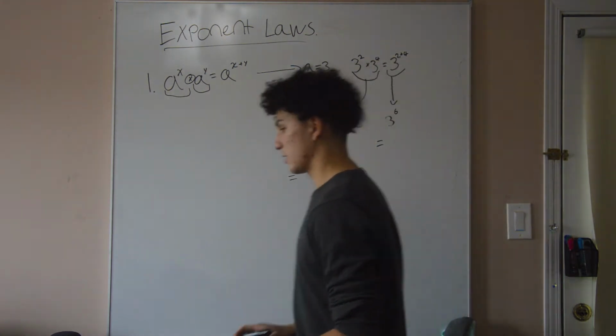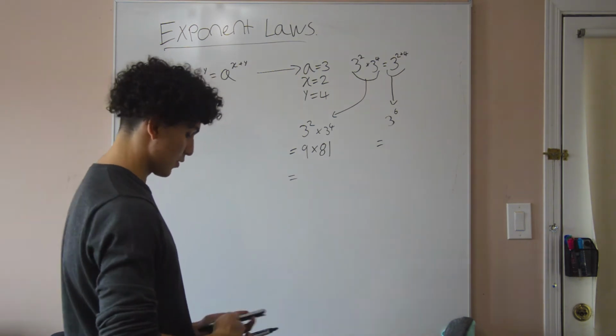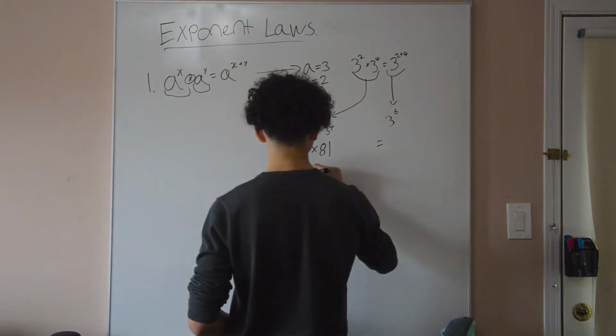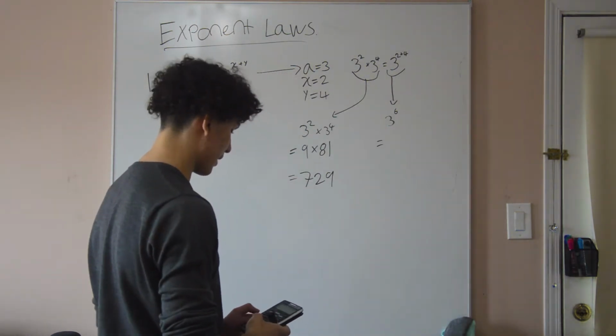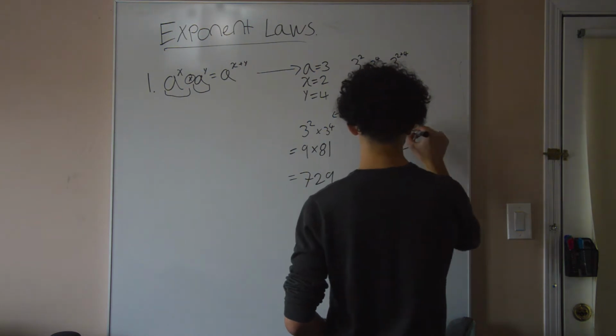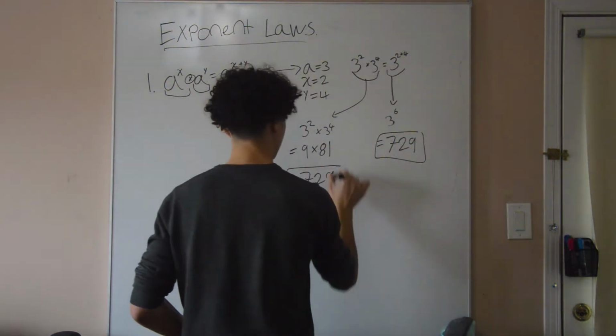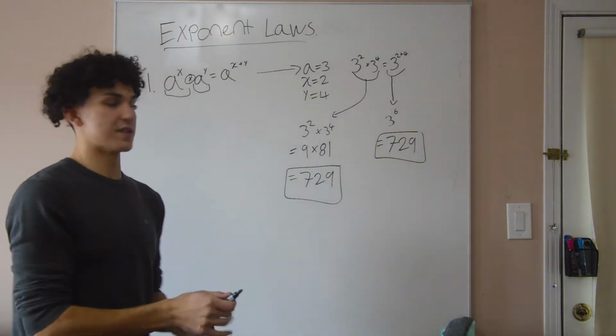And then pull out your calculator and do the math. 9 times 81, we get 729. And then 3 to the power of 6 is 729. The answers are the exact same because the law proves this.